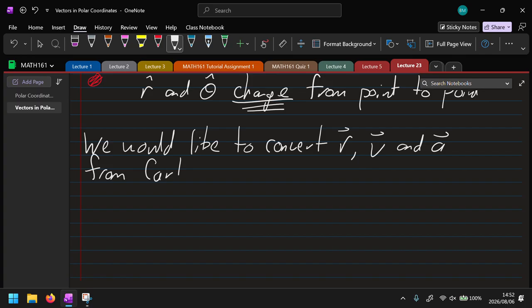From Cartesian coordinates, x and y, into polar coordinates, r and theta.